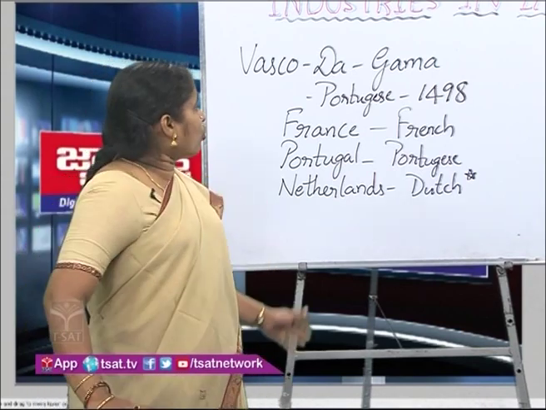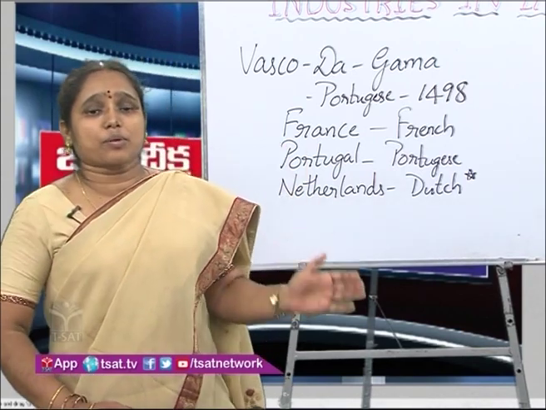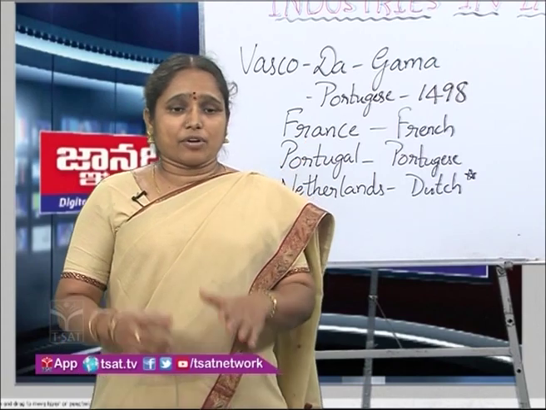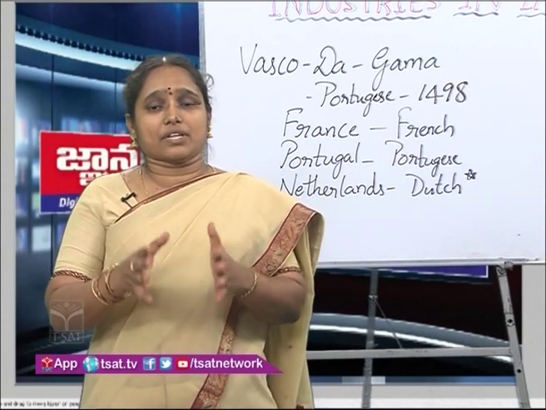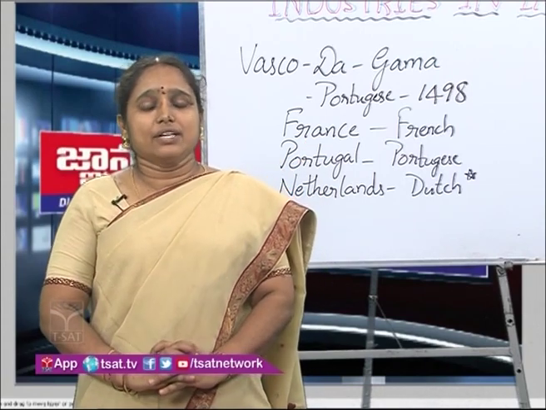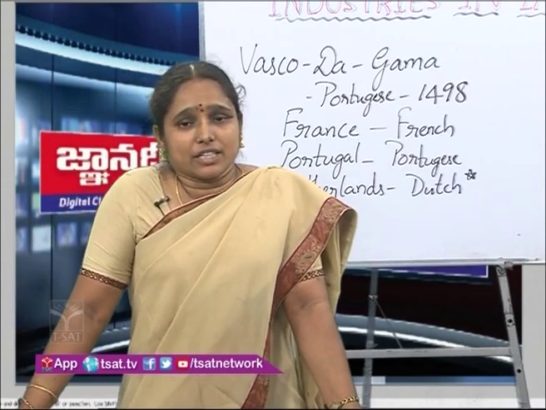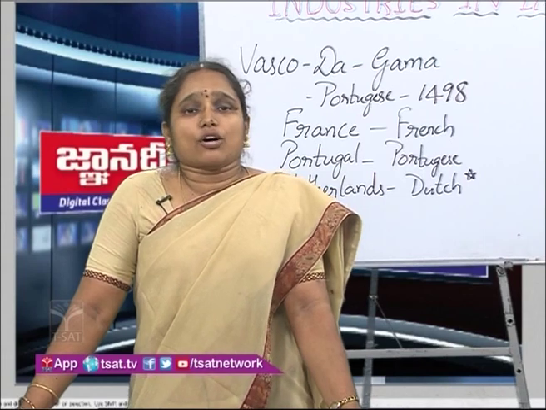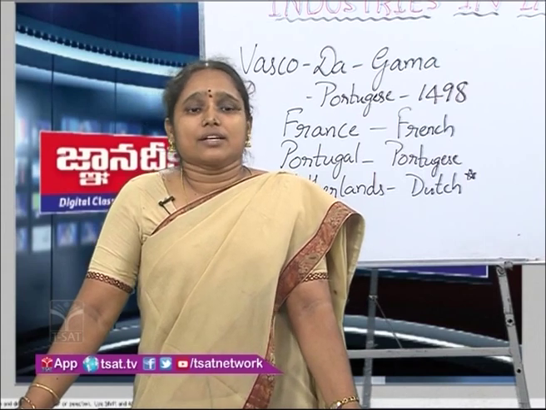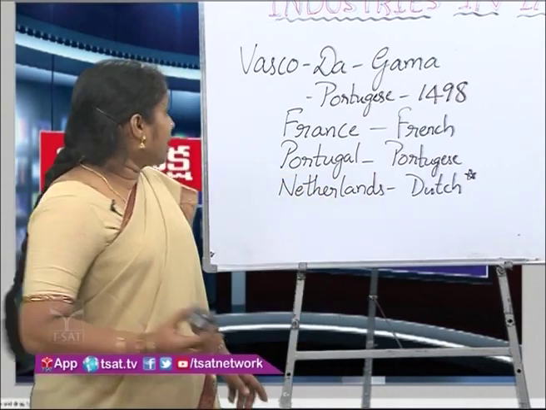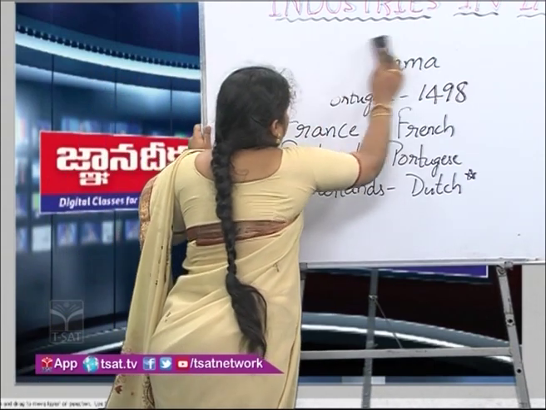Why was there such heavy competition? Why did all these people want to take raw material from our motherland? Why were they competing so strongly? There is a reason for it. We have learnt in our last class in agriculture that superior cotton is grown in India. Let's revise it.